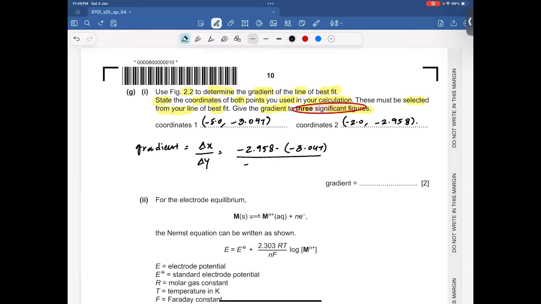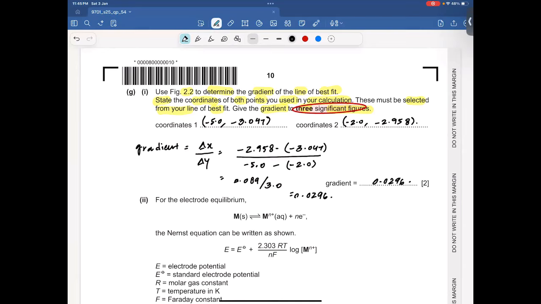So it's minus 2.0 minus minus 5.0. So it's basically 0.089 divided by 3.0. So the value is going to be 0.0296.